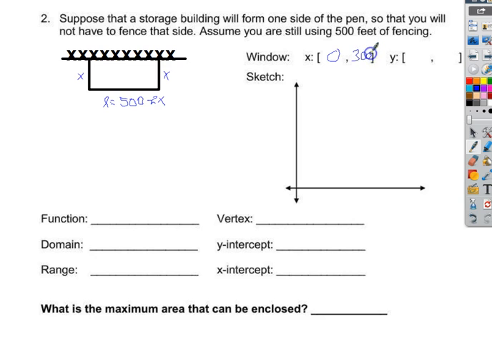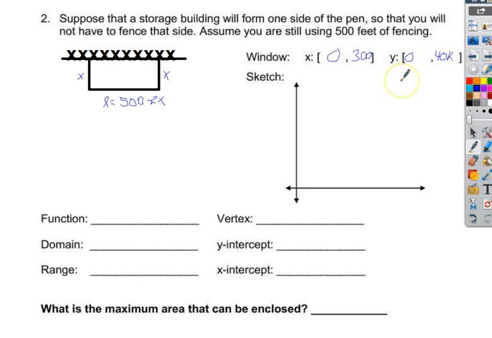And for our y value, that's the one that is going to increase. Last time we had used 20,000, so I'm going to go ahead and double it and say 40,000. So I'm going to write down 40K.